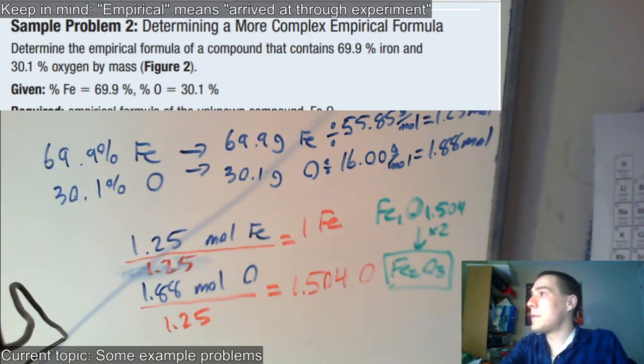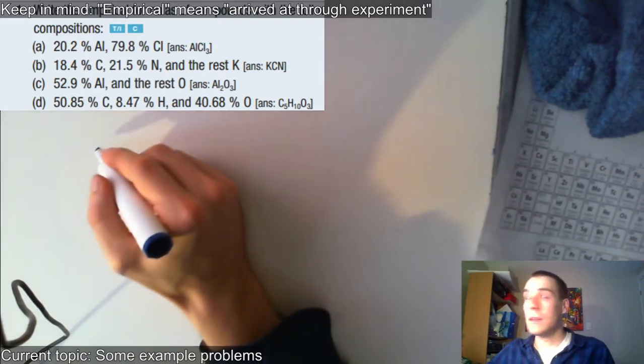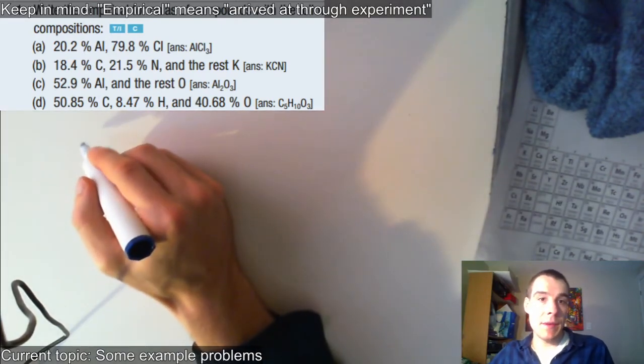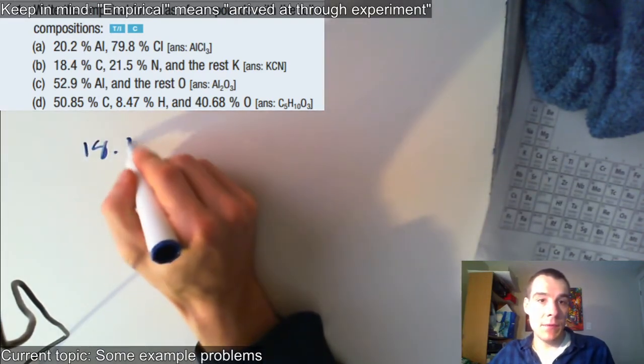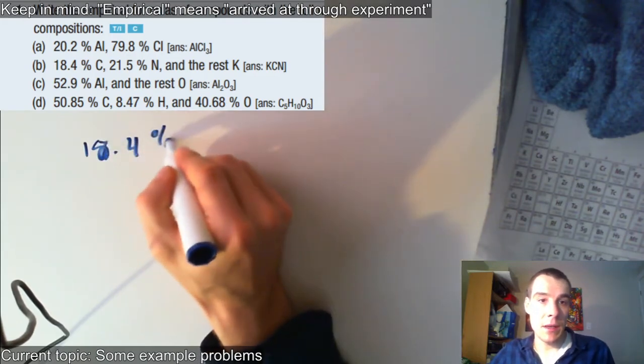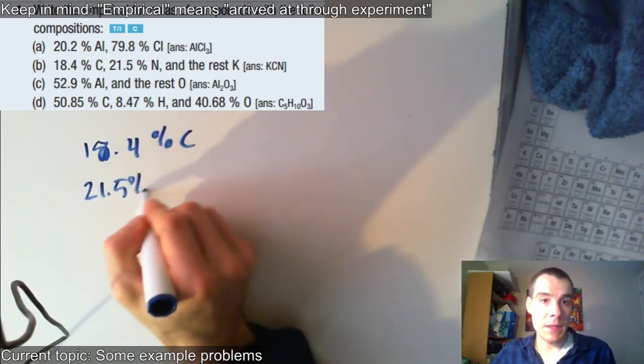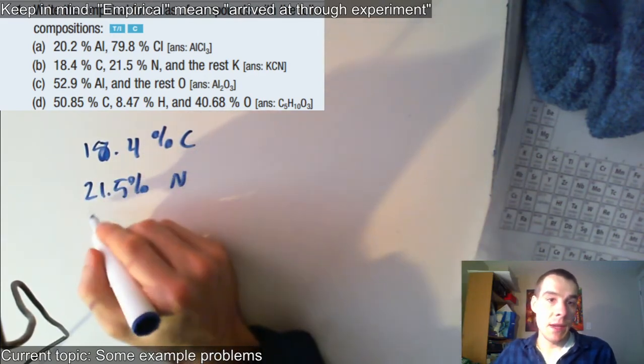Yeah, let's do a few more. Maybe we'll do 2 more and I'll finish the video there. Let's try out this second one, number B, right? B says we've got 18.4% carbon and 21.5% nitrogen.